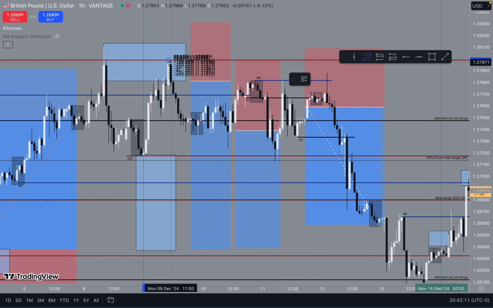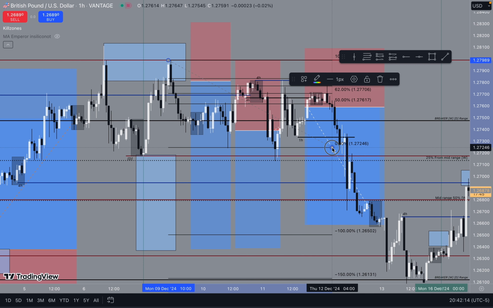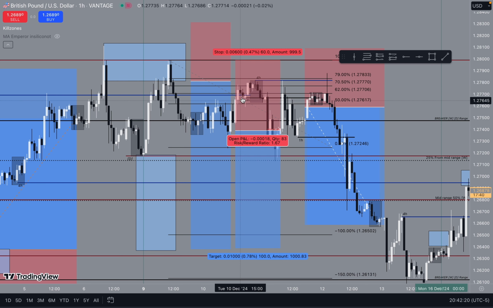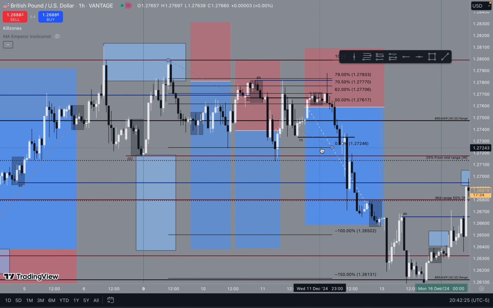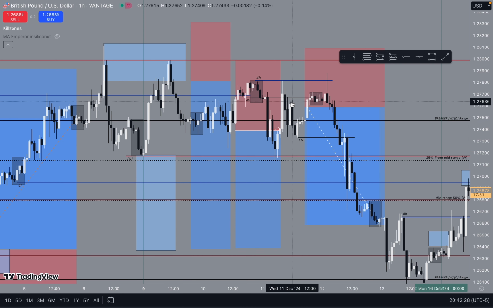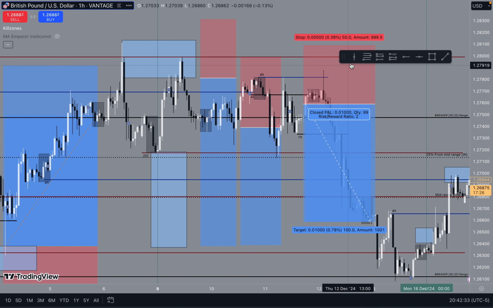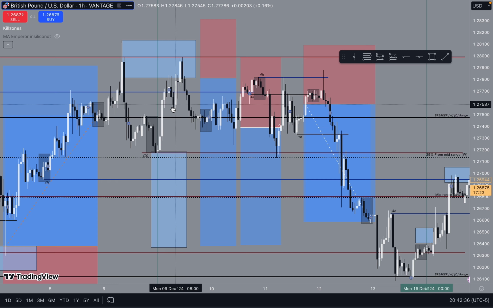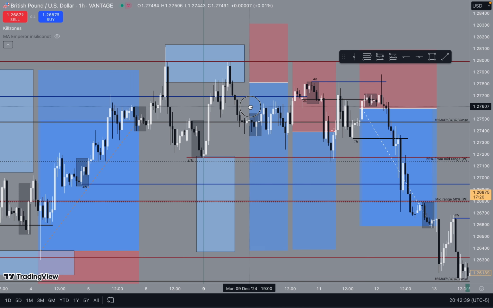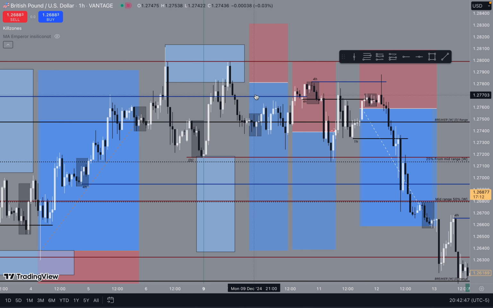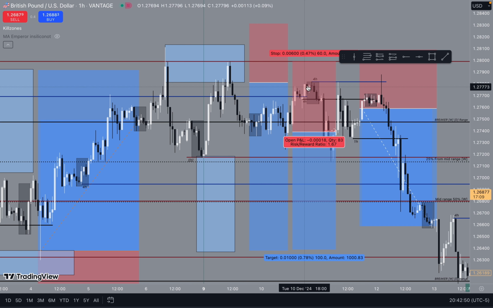If we try to use a Fibonacci, it retests in this key level, which is 79 and 62. Though I'm not using it perfectly, I'm not depending on the Fibonacci, because I'm practicing myself to focus on the price action, the breaker, and the retest area.